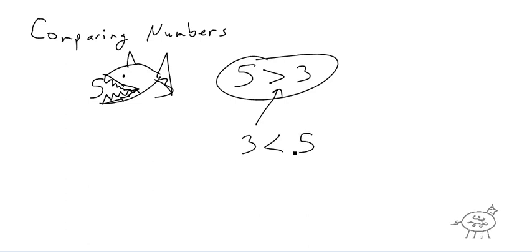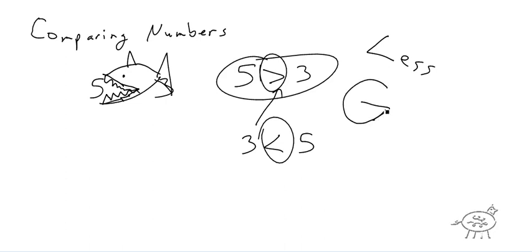Now, this is an interesting thing, too. These symbols, sometimes people get confused. They're like, which one's the greater than and which one's the less than symbol? Well, just remember, if you tilt your head a little bit, you can write that as an L. So that symbol pointing that way is less than. People always ask, how do you do that as a greater than? Well, you can turn that into a G if you want.